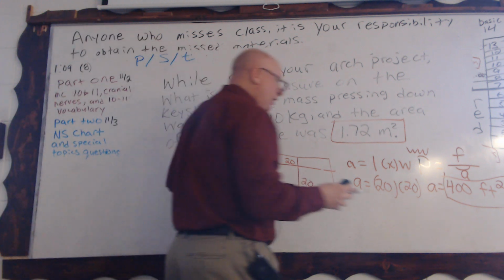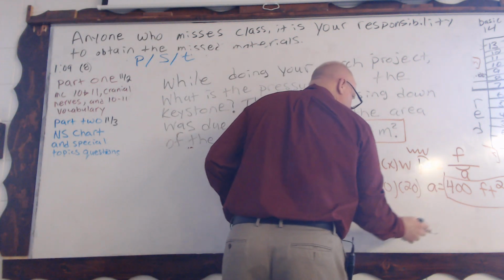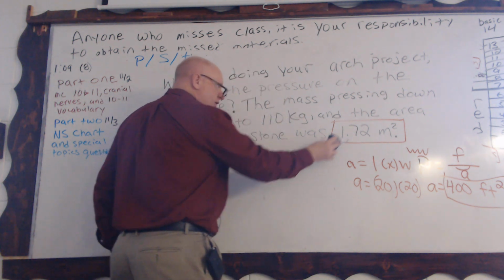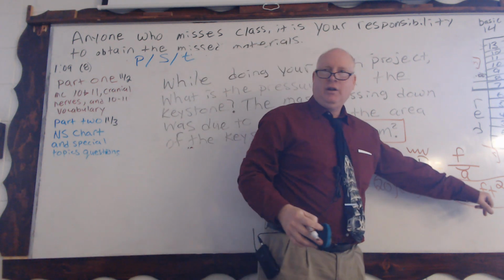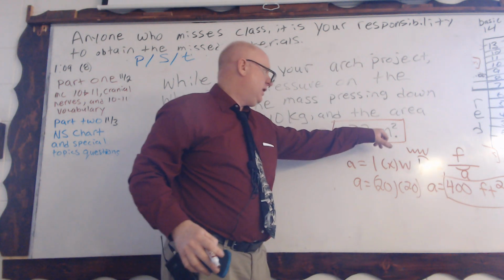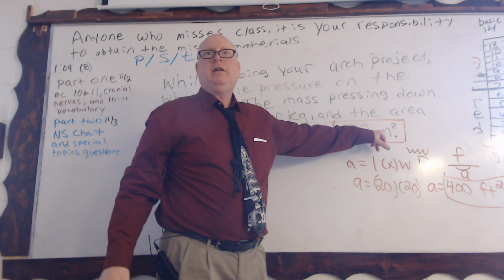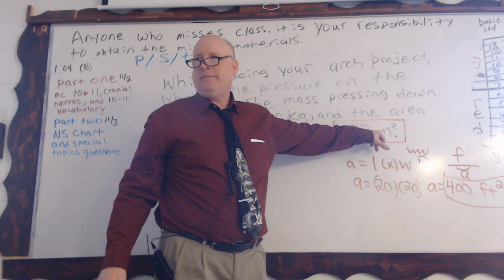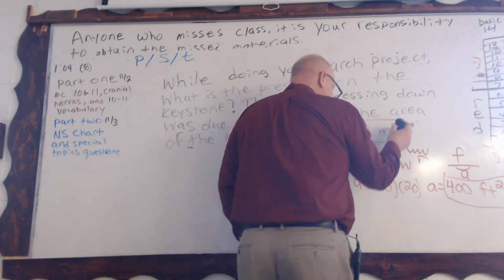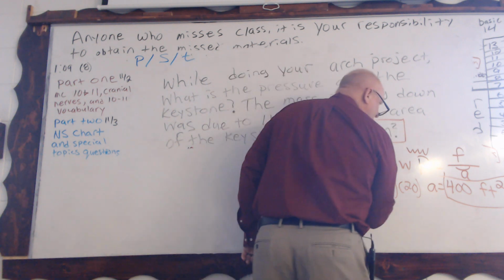So what do you suppose this is a variable for with the A? Since it's measured in square meters. If this is square feet, this is also an area. So what happens to this here then? It's also an area. Okay? Because it's measured in square meters instead.